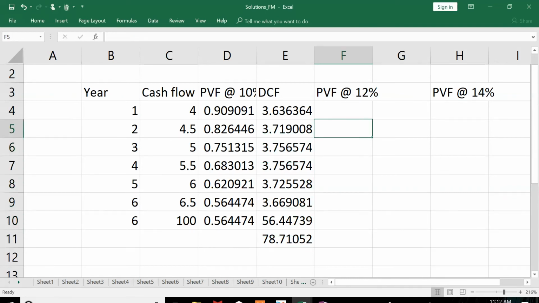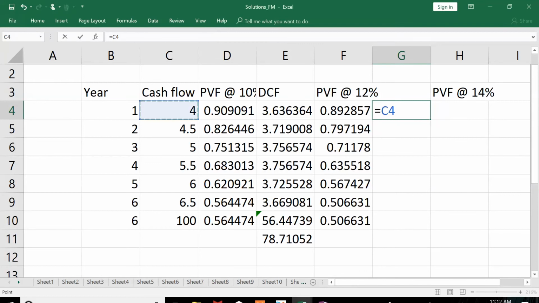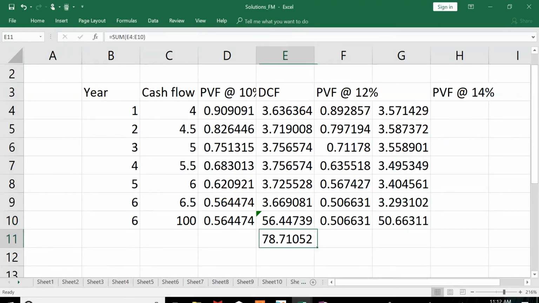Somebody says he wants a 12% return, then he'll pay a further lower amount, 1 divided by 1.12. If you want a 12% return, you will pay only 71 lakhs. So different people will have different expectation.